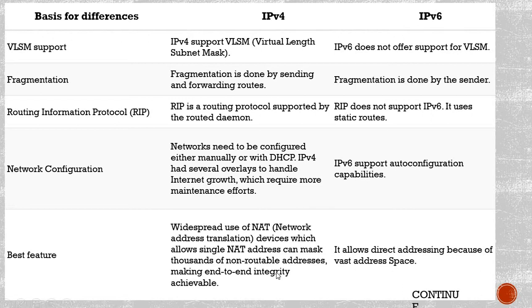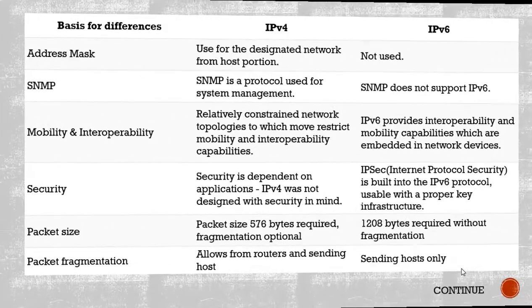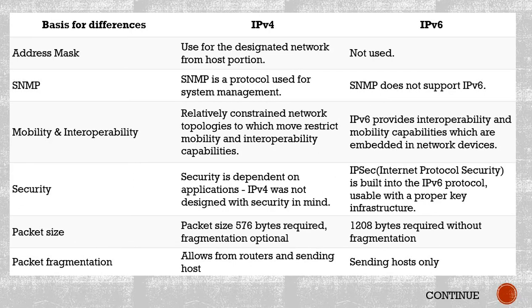If we talk about the best features, IPv4 has widespread use with network address translation devices. In IPv6 it allows direct access because of the vast address space. Now address mask: the use of designing the network from the host portion is not used in IPv6. Then SNMP protocol is used for system management.